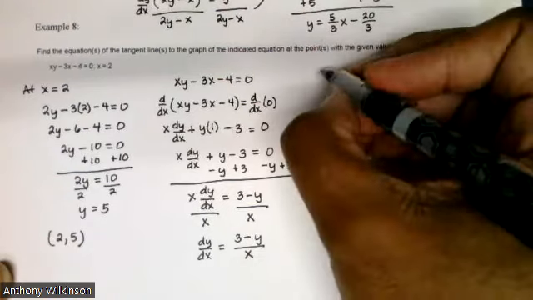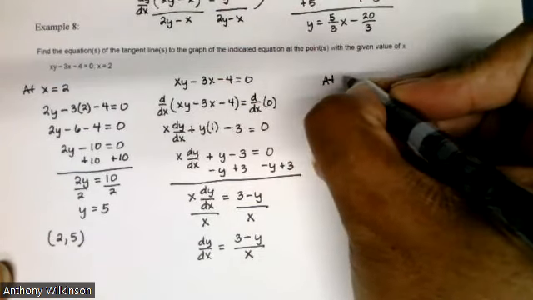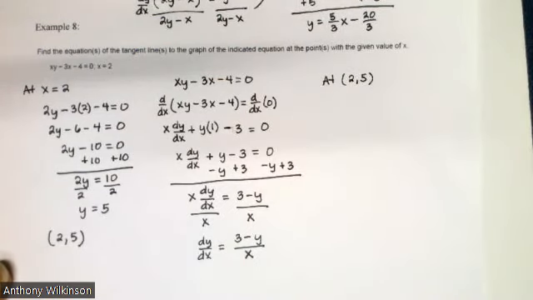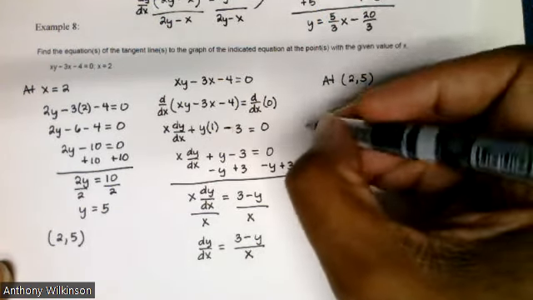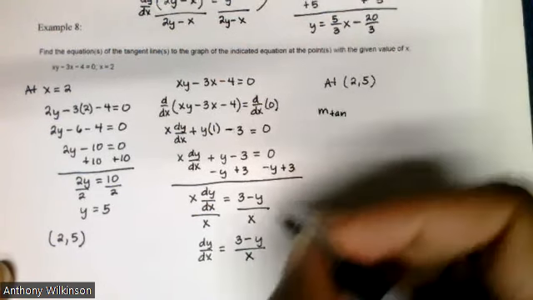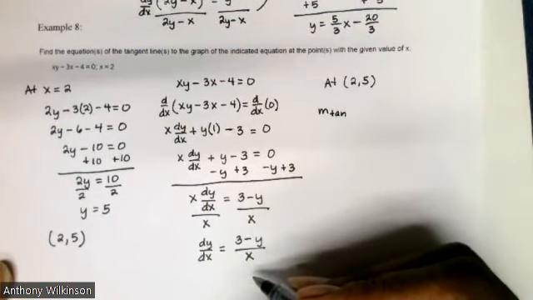So now, at the point (2, 5), where x is 2 and y is 5, I'll just substitute in here the y and the x into dy/dx. So the slope of the tangent line, and by the way, this does represent the slope of the tangent line.